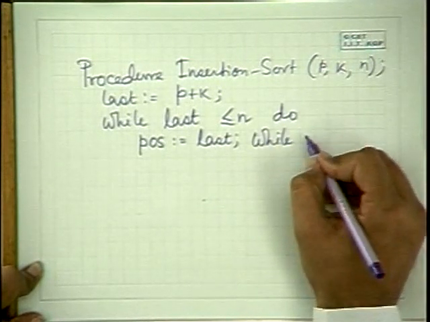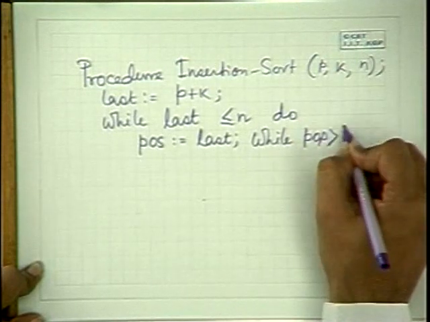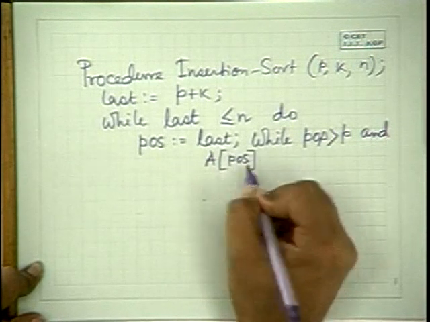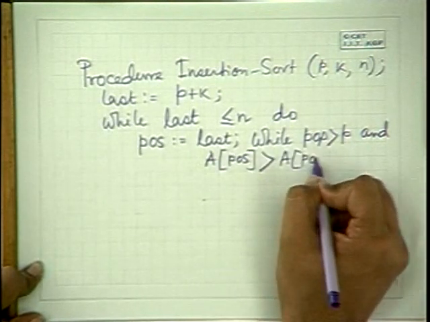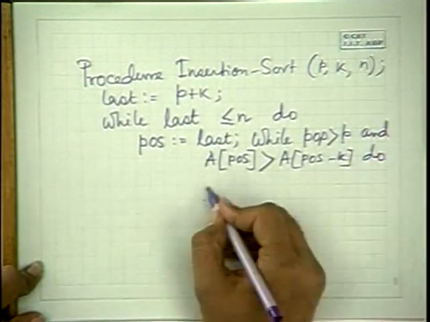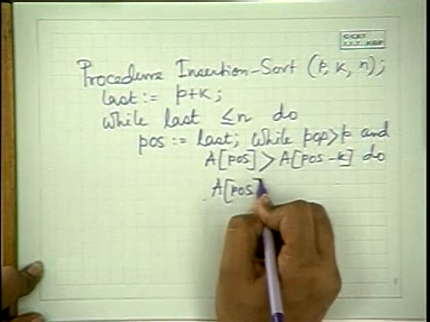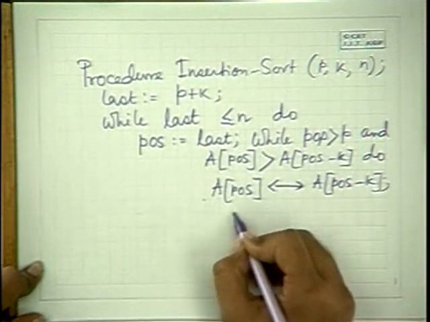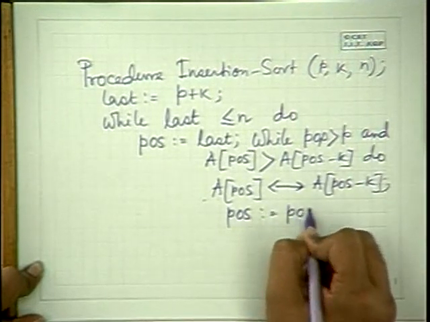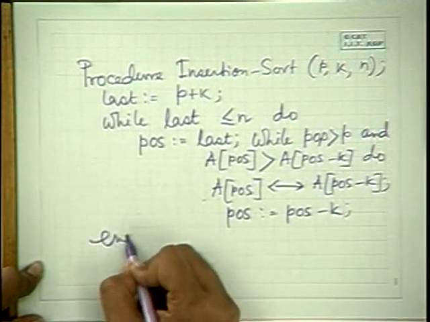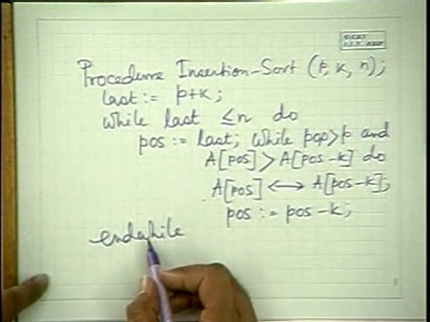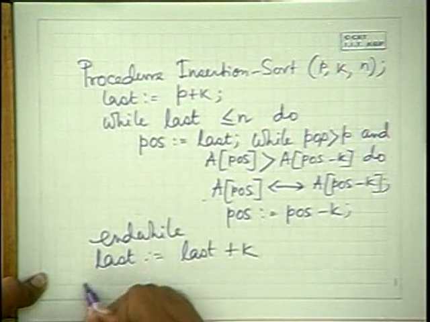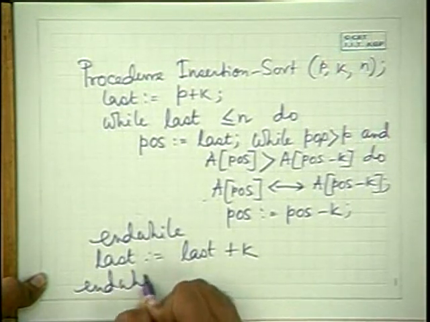You can go back and check why it is. Very easy. While position is greater than p and A position is greater than A position minus k, do A position is exchanged with A position minus k, position is position minus k, end while. Then last equal to last plus k, and end while.